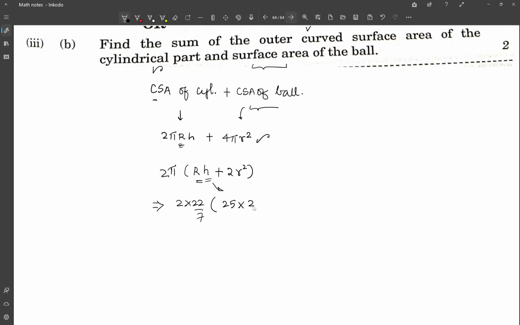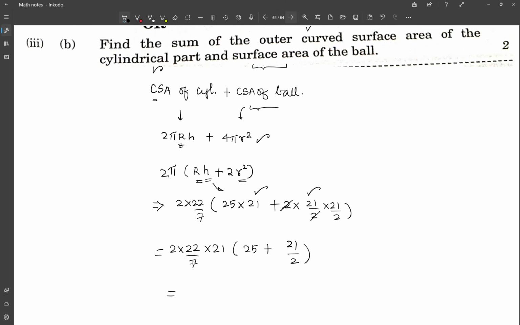The total height is 21, plus 2 into the radius, 21 by 2 square. So you can cancel off a 2 and another 2. What you can take common out is 21. So 2 into 22 by 7 into another 21. What remains inside is 25 plus 21 divided by 2.